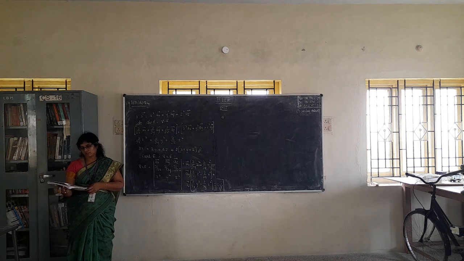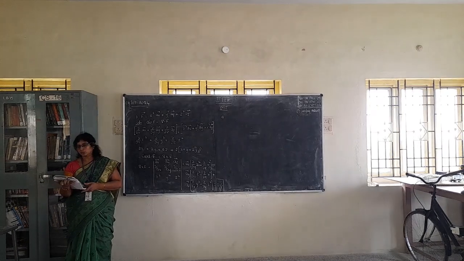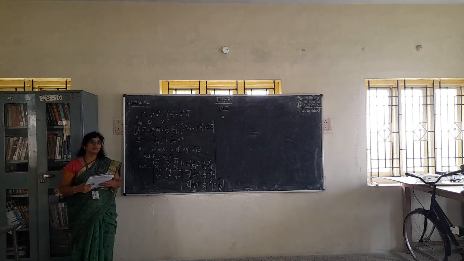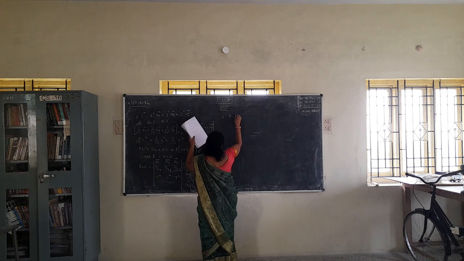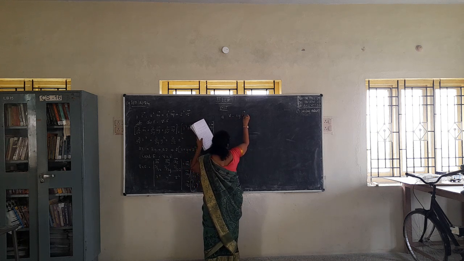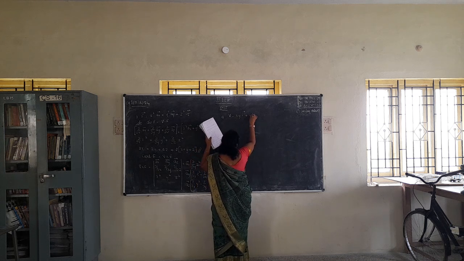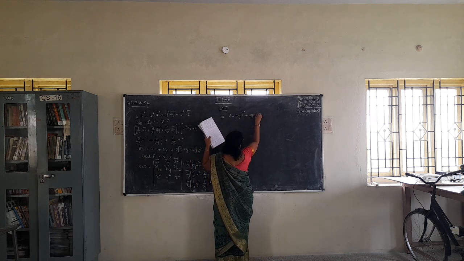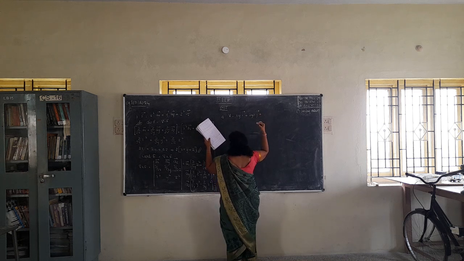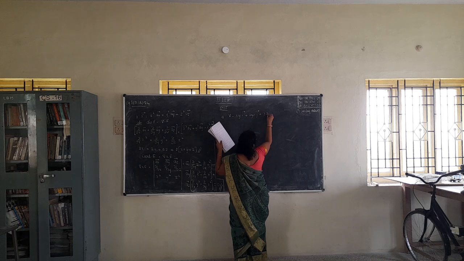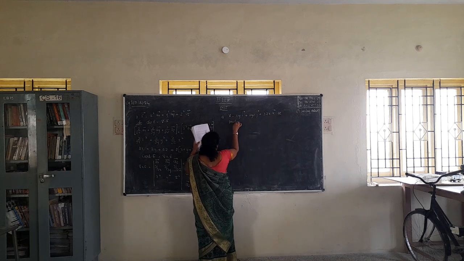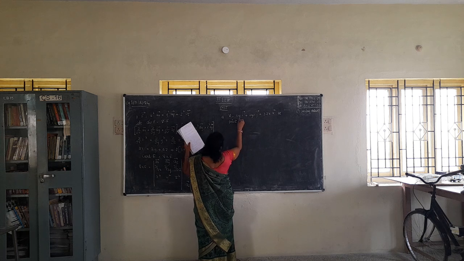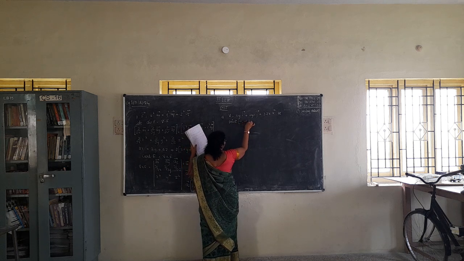V is equal to xy I vector plus 2yz j vector plus 3zx k vector at a point minus 1 comma minus 1 comma 2.